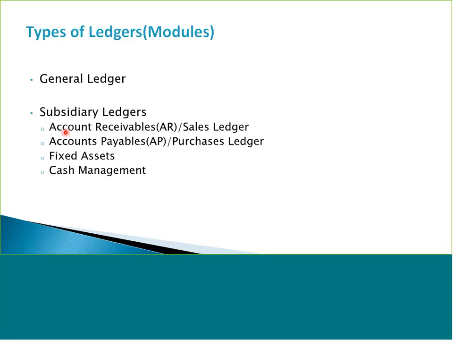The fixed asset module, which is also a subsidiary ledger in Oracle Financials, manages information pertaining to the company's assets. What are assets? These are things that help a company to conduct business and generate revenue.